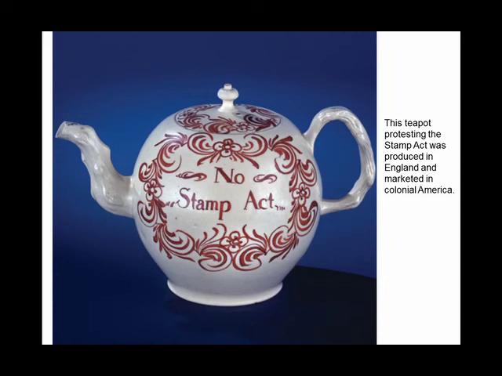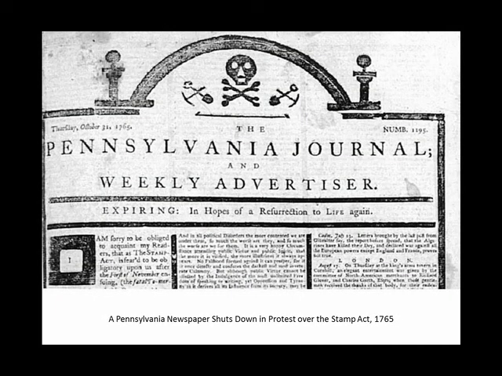Parliament can impose customs duties, we have no problem with that, but we can only be taxed by ourselves. That's the American Revolution already in 1765, and everything that happens after that is just kind of restating the case and a kind of escalation toward revolutionary ideas, revolutionary action. So the Stamp Act causes a huge controversy in America.